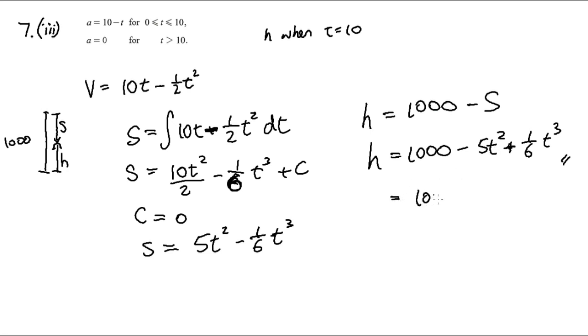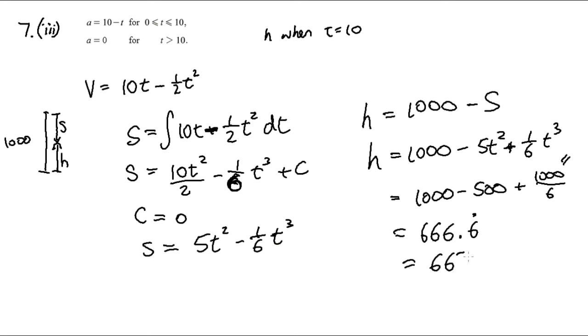So 1000 subtract 500, add a sixth of 1000, and that doesn't divide nicely, you'll get a recurring number. It gives you 2000 over 3, equivalent to 666.6666 meters, or 3 SF, 667 meters.